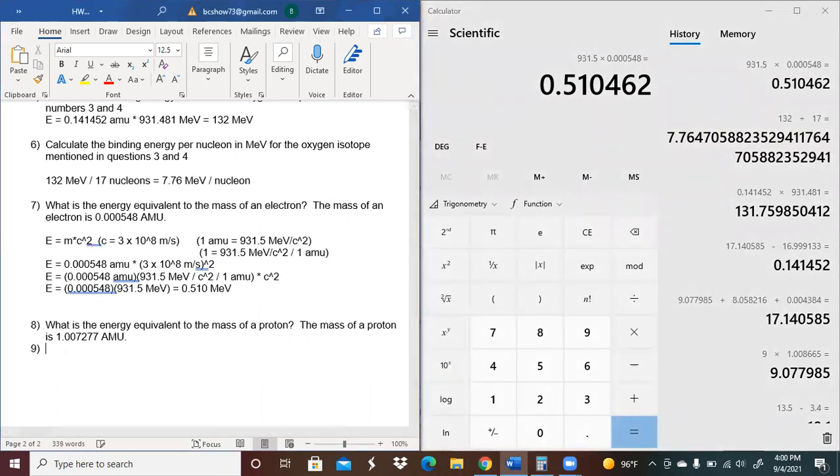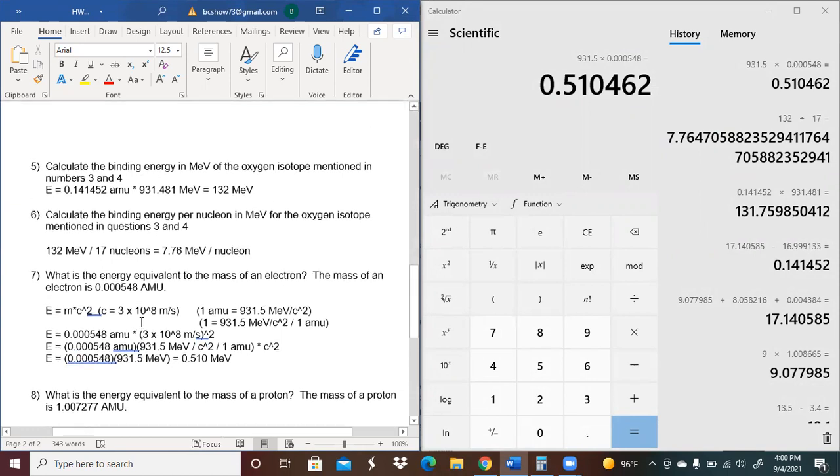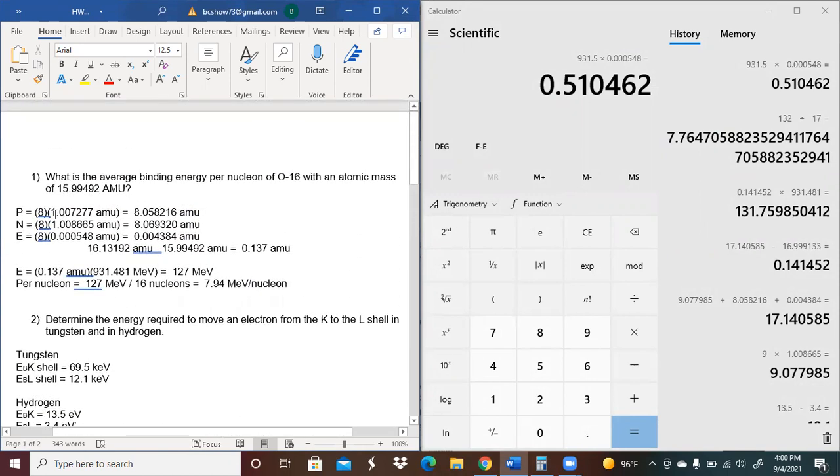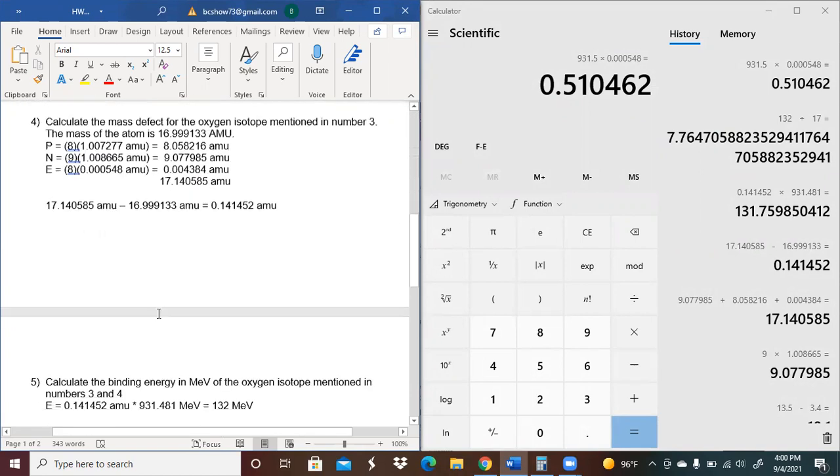So finally, let's take a look at the energy equivalent to the mass of a proton. Again, we're going to use MC squared. I'm not even going to bother putting down what C is equal to because we're not going to use it. What we need is the number of AMUs in a proton, which we had earlier in the problem: 1.007277 AMU.